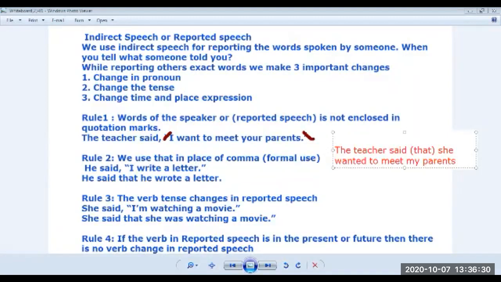So what are the changes we made here? Pay attention. We made a few changes. The first thing which went away was the comma. In place of the comma, we put "that." Then the second change was I became she, because the teacher is female. If the teacher is male, what will the I become?